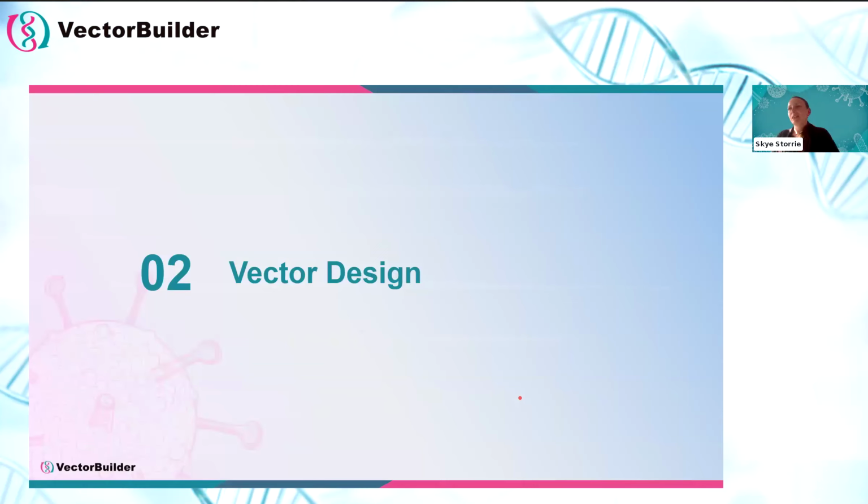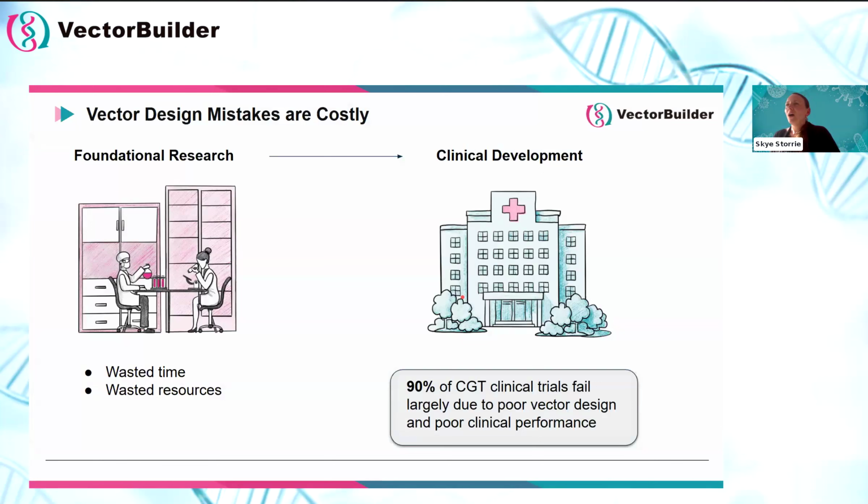So now we've delved into the background of lentivirus, let's focus on vector design. I really want to highlight the scale of the problem and the fact that vector design mistakes are very costly. Regardless of whether you're doing foundational research or clinical development, if your vector is not well designed from the beginning, this can lead to lots of wasted time and wasted resources, where you get so far along your experimental pipeline, and then you have to go all the way back to the beginning because of some little mistake.